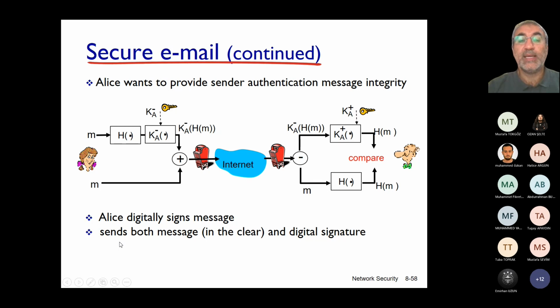Alice sends both the message and the digital signature to Bob. Bob receives this message, applies the hash function to obtain the hash, and also decrypts the received signature by applying Alice's public key, and then compares the two hashes.